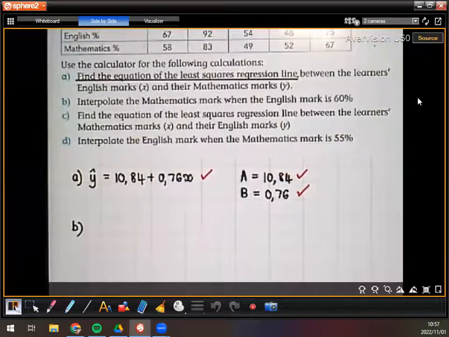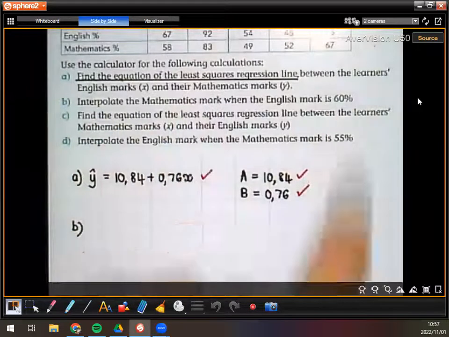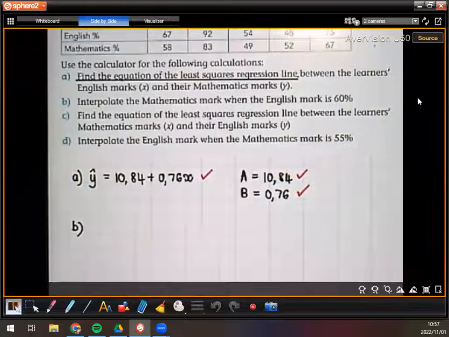So now they're using the word interpolate instead of estimate, right? So you need to know that that means we're going to estimate the maths mark when someone gets an English mark of 60.